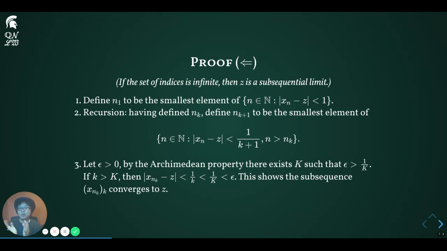Since 1 over small k is less than 1 over capital K, which is in turn less than epsilon, this shows that for all k bigger than capital K, the term x sub n sub k is less than epsilon away from z. Since epsilon is arbitrary, this proves precisely that the subsequence thus constructed converges to z.